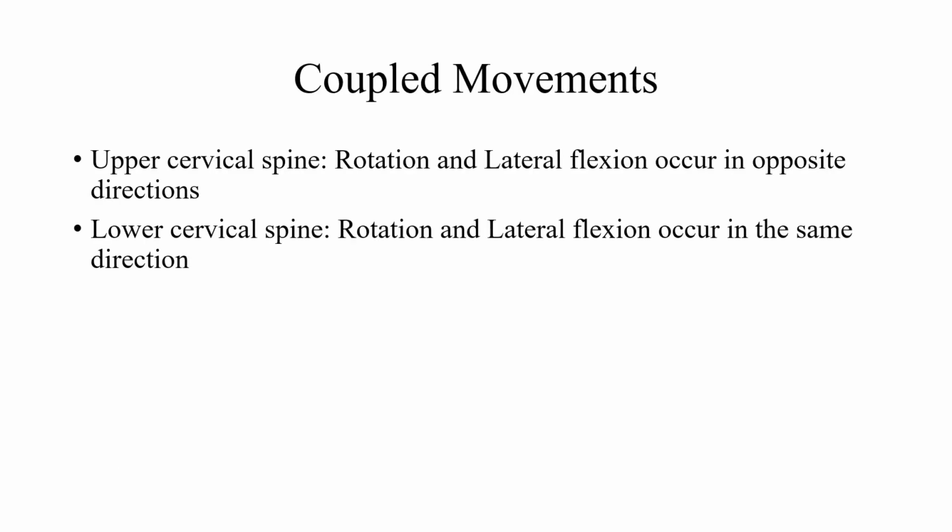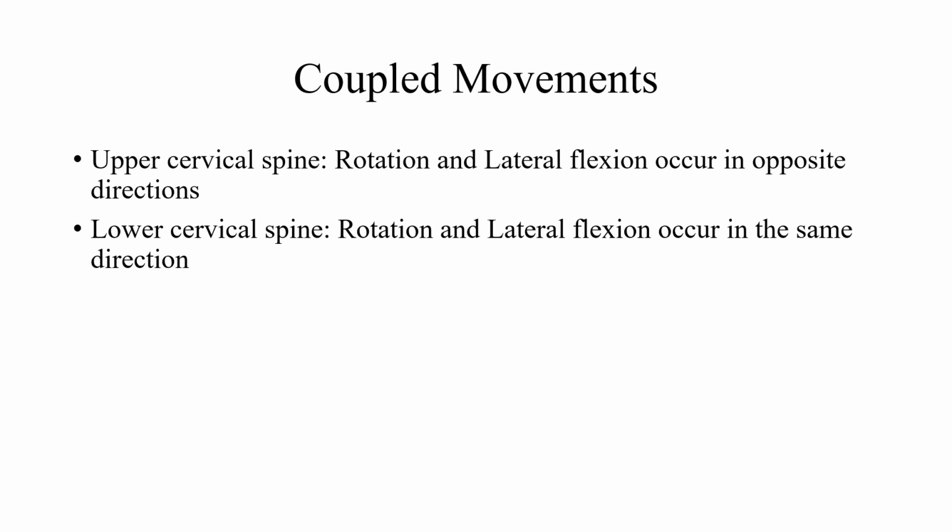A classic feature of the cervical spine is the occurrence of coupled movements. Whenever a rotation movement tries to occur in the cervical spine, it may be accompanied by lateral flexion. Now, if lateral flexion is occurring in the cervical spine, it may be accompanied by some amount of rotation.